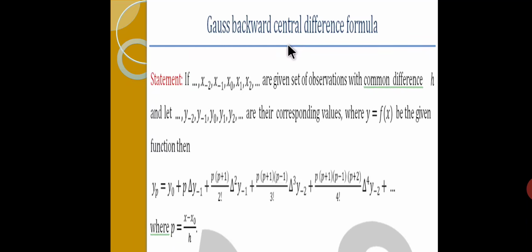Another central difference formula, the Gauss backward central difference formula.